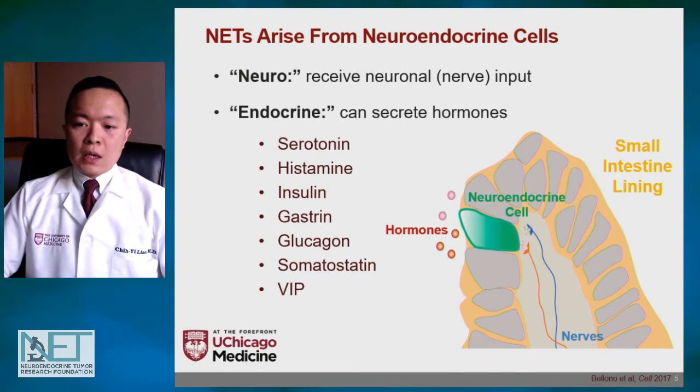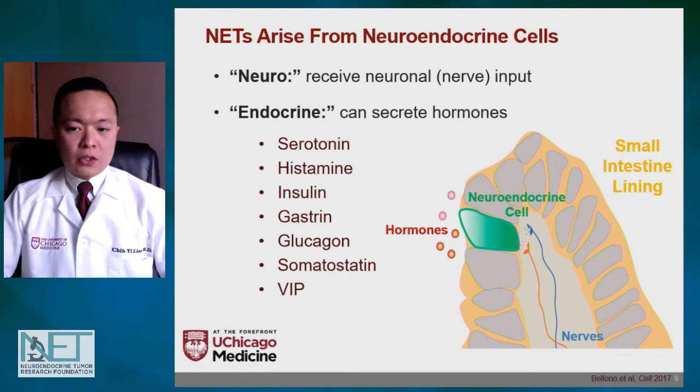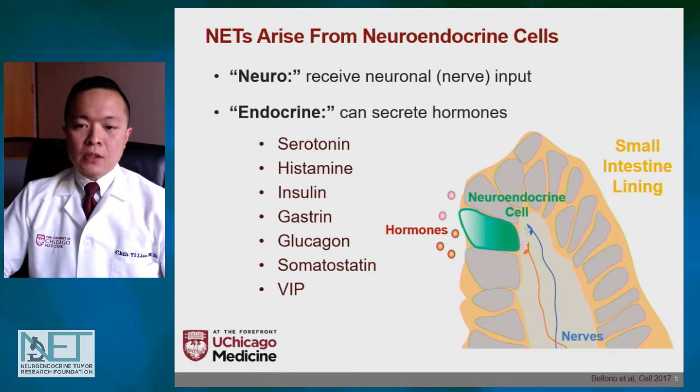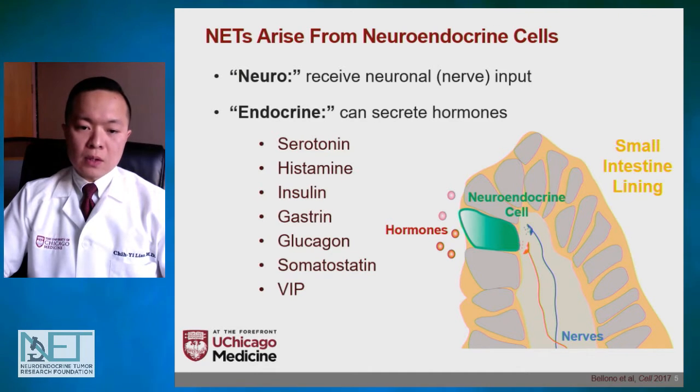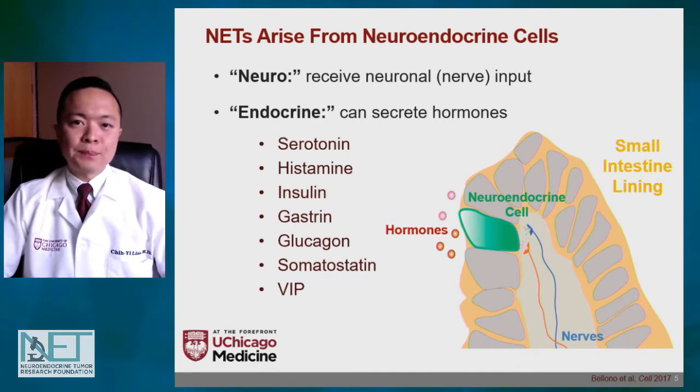Here on the right-hand side of the slide, you can see a close-up picture of the lining of your small intestine. Scattered about the cells that line the small intestine are these neuroendocrine cells, shown in green. As you can see, they receive input from nerves, and they can secrete hormones like serotonin, histamine, insulin, gastrin, glucagon, somatostatin, and VIP.